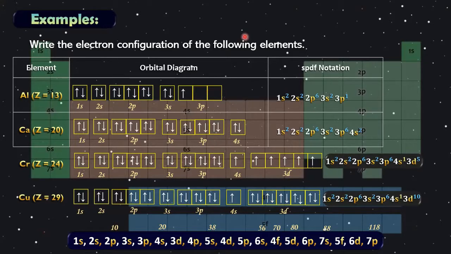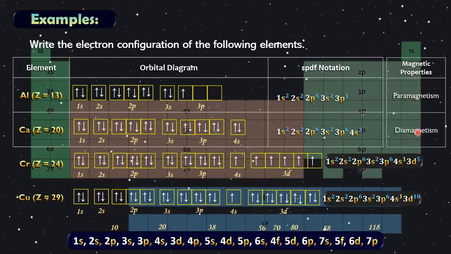We have here the last column, which is all about magnetic properties. Magnetic properties of an element can be paramagnetism or diamagnetism. When we say paramagnetism, it is defined as the characteristic of an element to be attracted to a magnet. The opposite one is diamagnetism, which is characterized by non-attraction to a magnet.